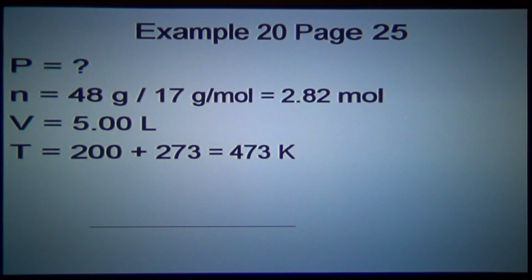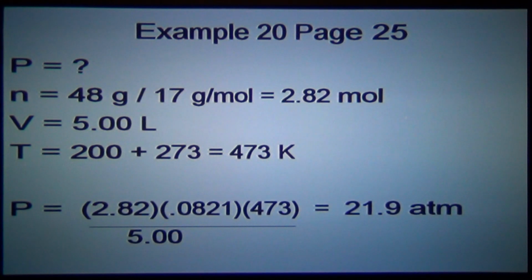So let's use PV equals nRT here and solve for pressure. The R value that I'm going to use is 0.0821, and that has units of liter atmospheres per mole Kelvin. The moles of gas that we have here is 2.82, and the gas here was ammonia, which has a molar mass of 17.